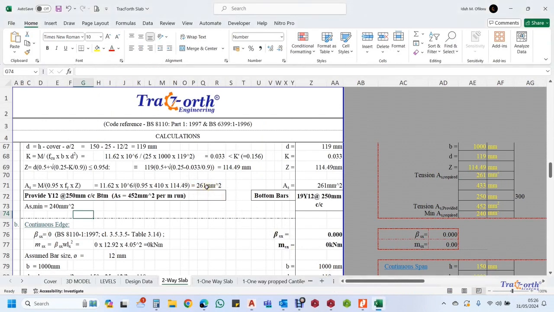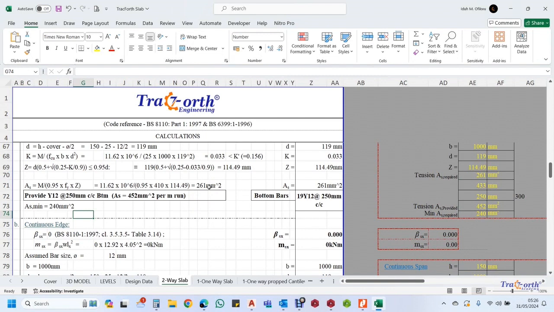So it's not all through the slab. Within that 1 meter, the total area of reinforcement must not be less than 261. And another thing is that you must test this to ensure that you are providing a minimum reinforcement.